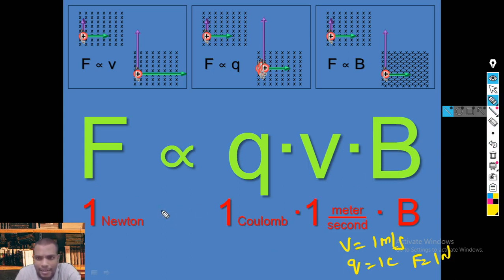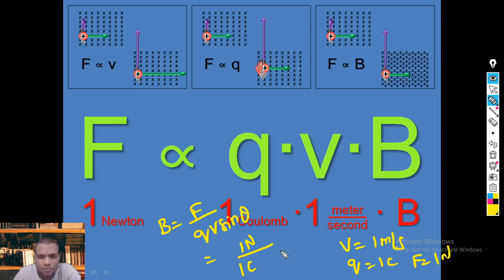So here I can write, by rewriting the formula, B equal to F upon QV sine theta. If 1 Newton force is acting on 1 coulomb of charge which is moving with 1 meter per second, then the intensity of the magnetic field we can define as 1 Tesla.